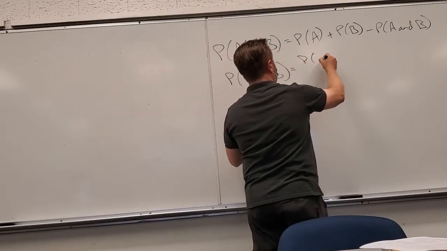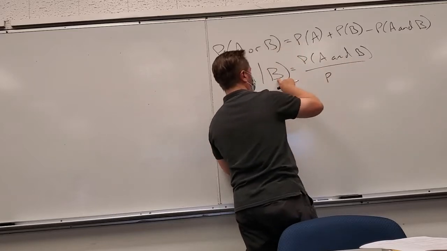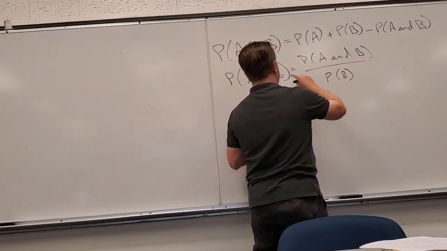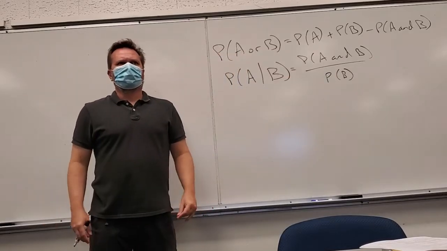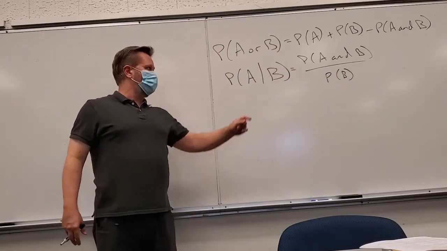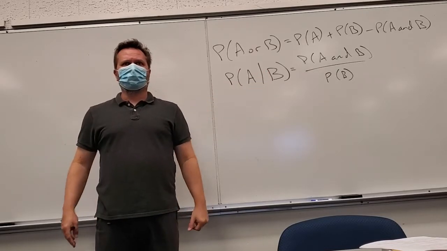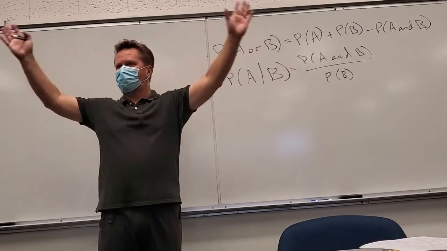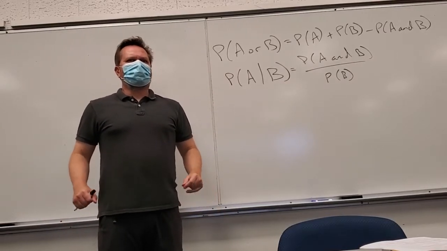Yeah, it's the AND divided by the given. So given is AND divided by the thing that was given. Which kind of makes sense. If I'm given that B happened, then the bottom is going to become related to B, because that's what I live in. I can throw out everything that's not B.